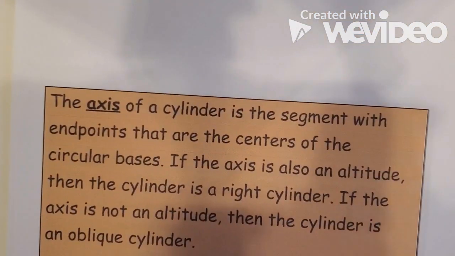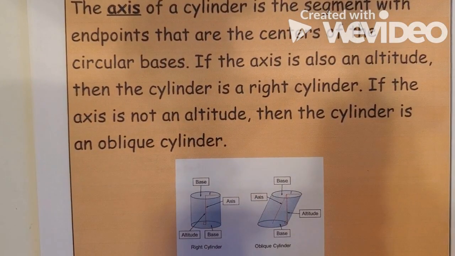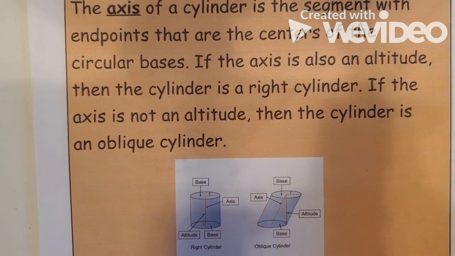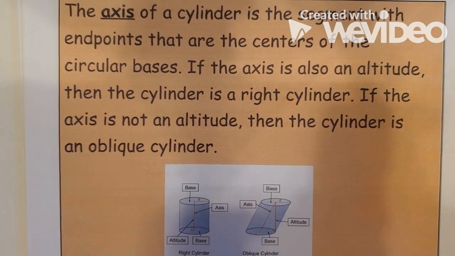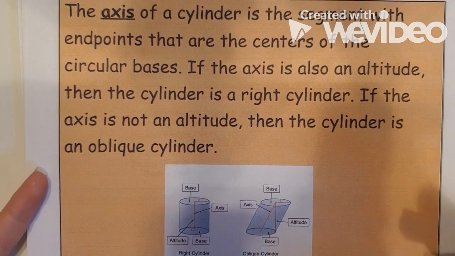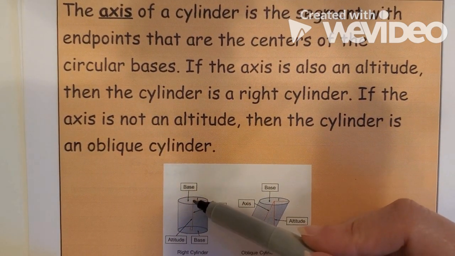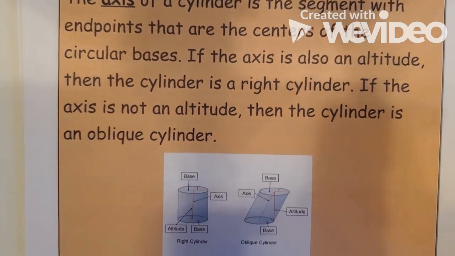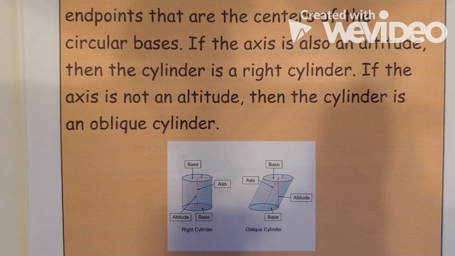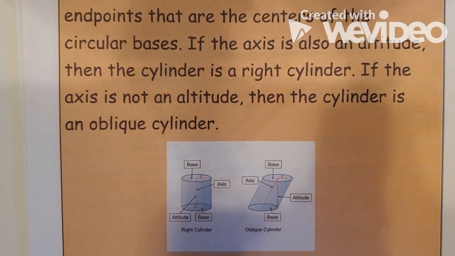So, really quick, just with cylinders, and this is also true for prisms. The axis of a cylinder is the segment with endpoints that are the centers of the circular bases. So right here, from the center to the center, that's the axis of the cylinder. If the axis is also an altitude, so if the axis is perpendicular to the bases, then the cylinder is a right cylinder.